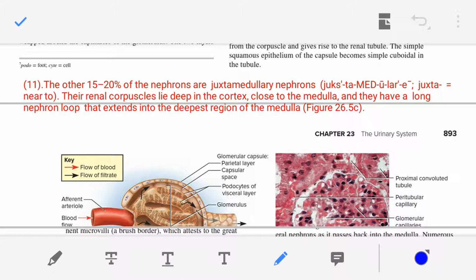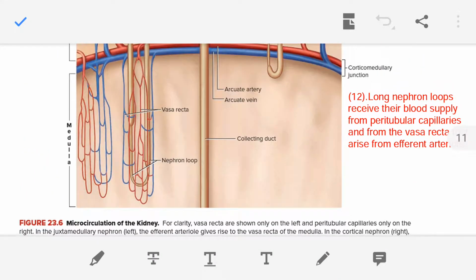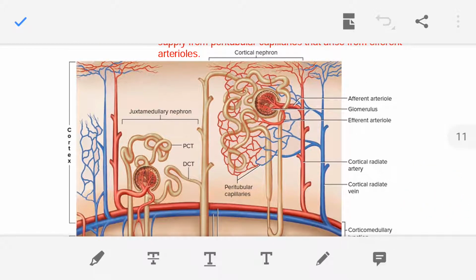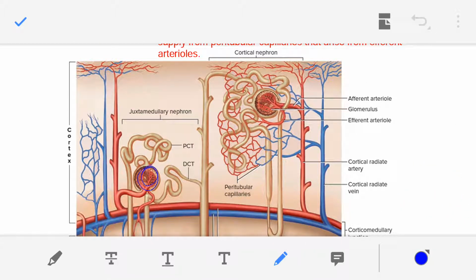Now, for the juxtamedullary nephron, where is their renal corpuscle present? Their renal corpuscle lies deep in the cortex region, and it is close to the medulla. Here you can see, this is the renal corpuscle, this is the cortex.